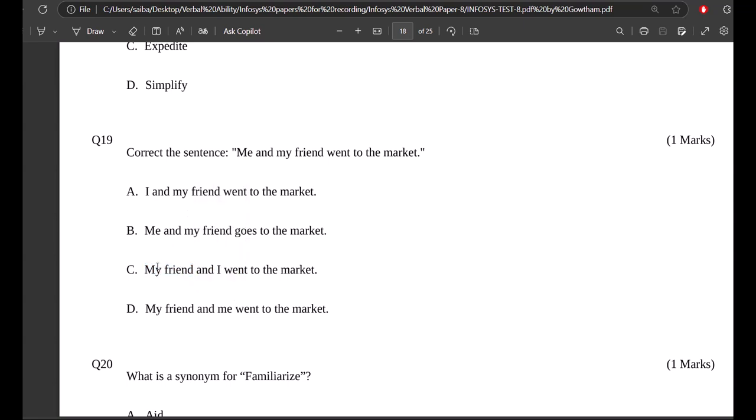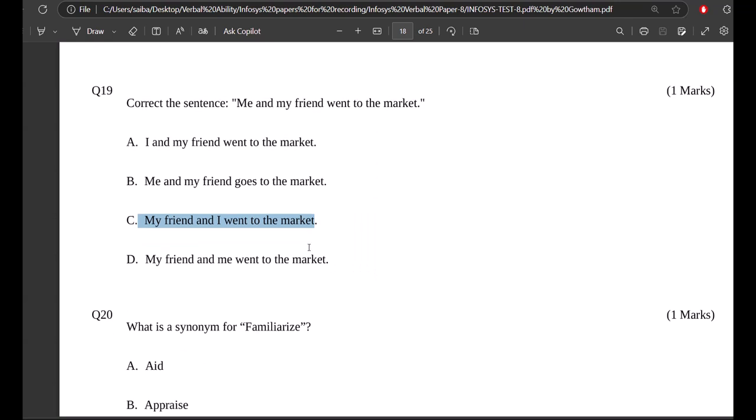So that is the reason: my friend and I went to the market. Always mention the third person first and the first person next. That means mention others first and yourself next. This is the order in English.